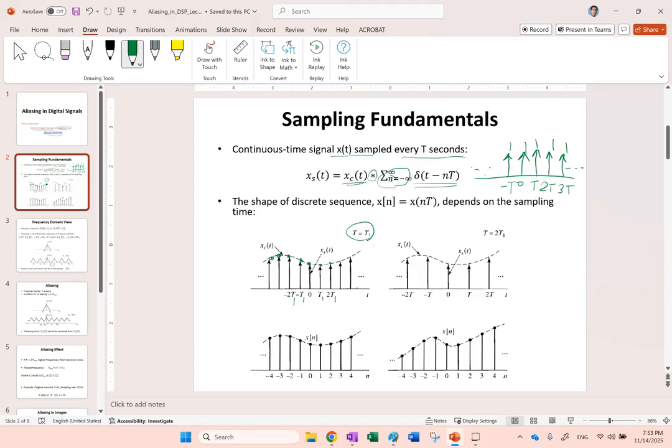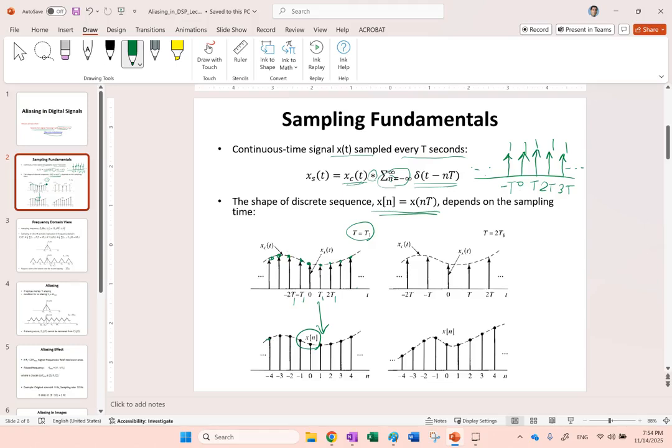And so my discrete-time signal is going to be lines that are as tall as those values at those points. There we go. This is the discrete version of the continuous signal, which you can call x[n], which are all of those x(nT) at all integer values of n.